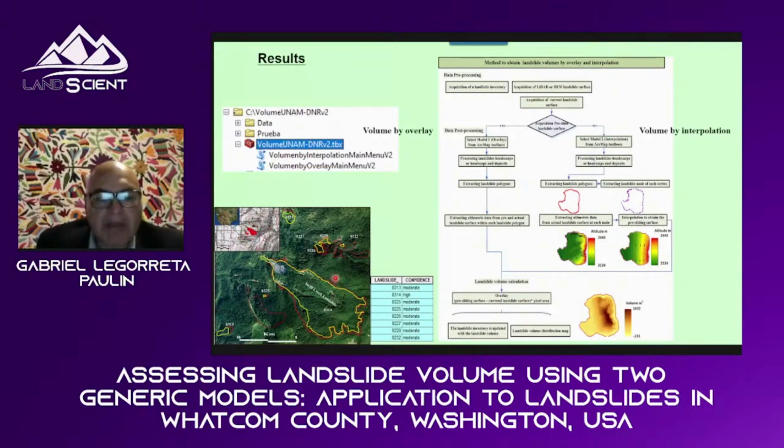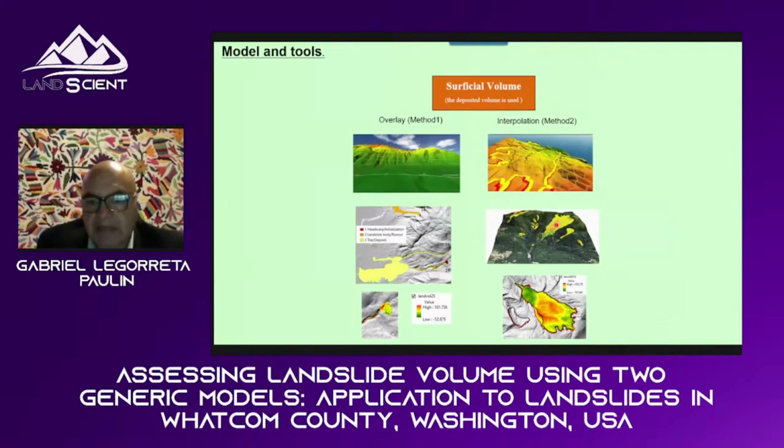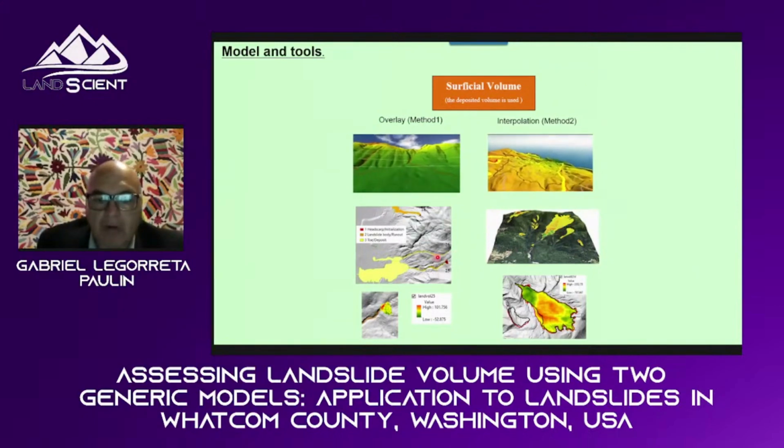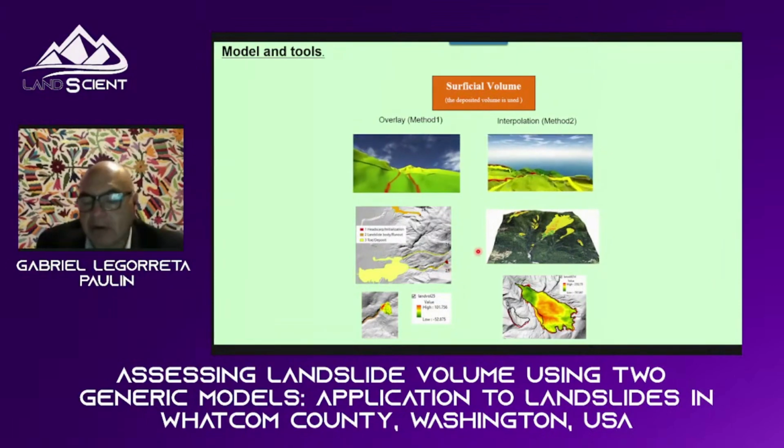In this area, we have 19 deep-seated landslides, but we use only 8 that were mapped with moderate and high confidence. The two models can be used for shallow landslides, or for deep-seated landslides, or only for a single landslide polygon, or for the entire landslide inventory map.